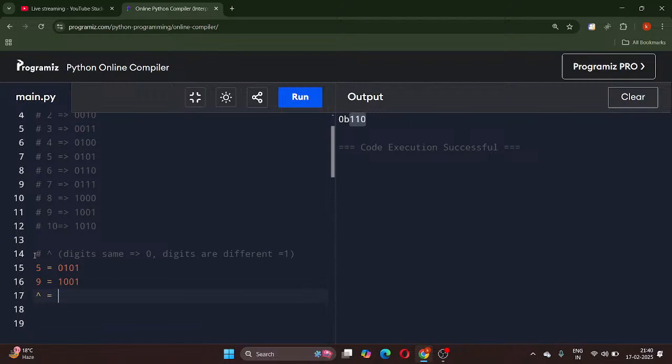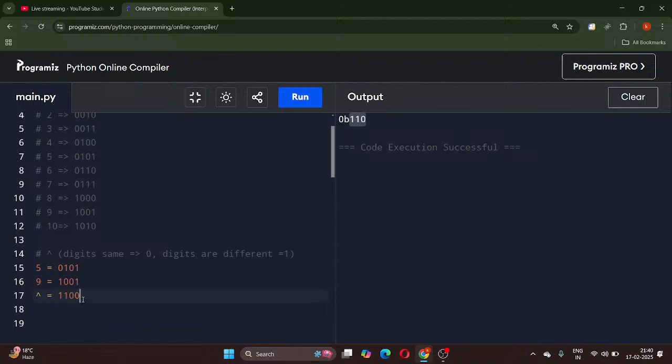XOR says that whenever the numbers are different, we give the final answer as 1, and whenever they're same, we give the final answer as 0. So 0 XOR 1 is 1 because they are different. Then 1 XOR 0 is again 1 because they are different. Then 0 XOR 0 will be 0 because they are same. And then 1 XOR 1 is also 0 because they are again same. So this is the final answer that we are getting, and it stands for 12.